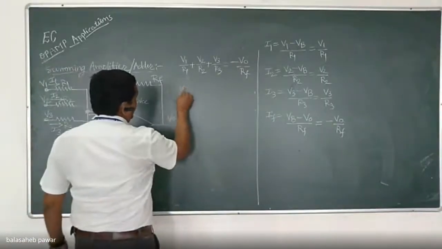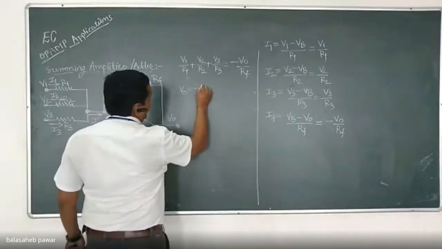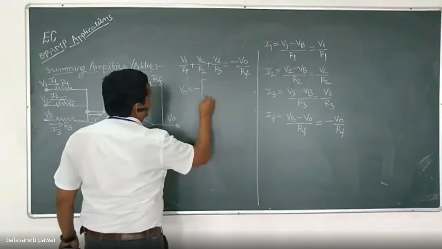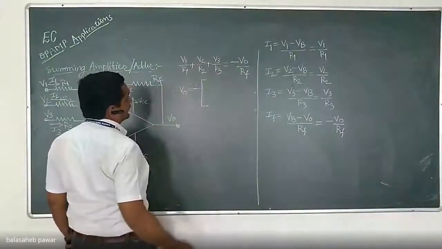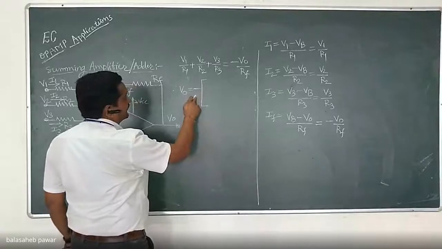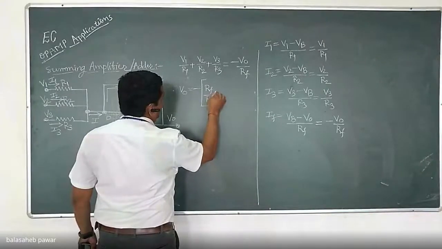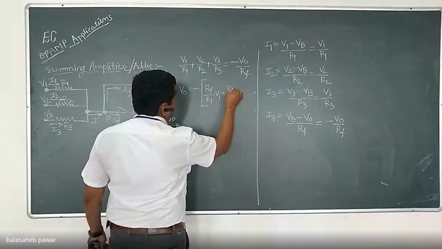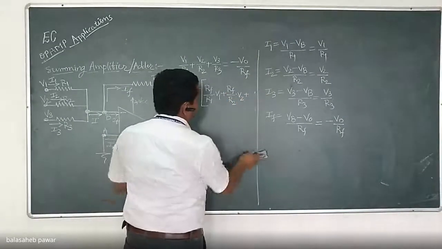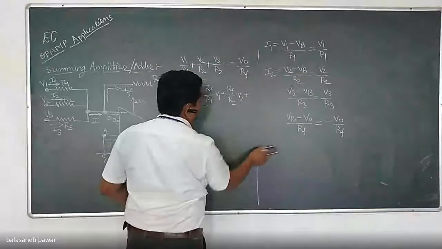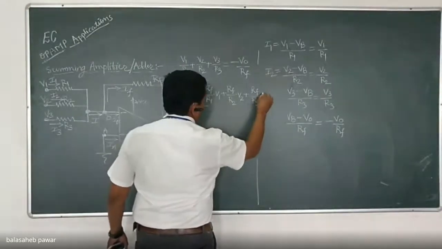Therefore, VO equals minus, I take this RF over here, negative sign also I took, so I wrote it outside this bracket. So VO equals minus RF by R1 into V1 plus RF by R2 into V2 plus RF by R3 into V3.